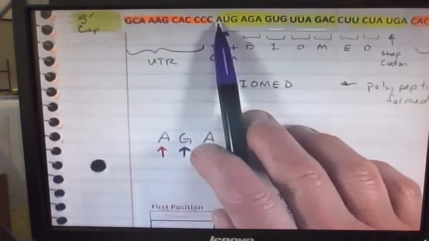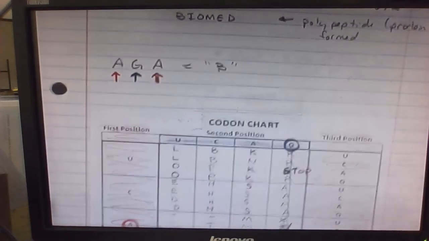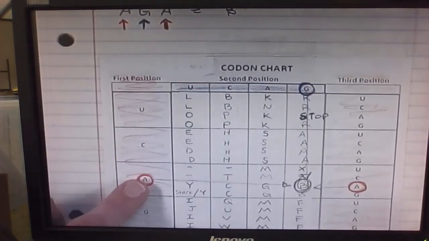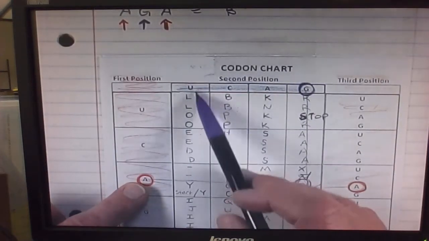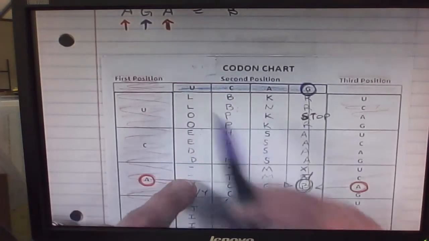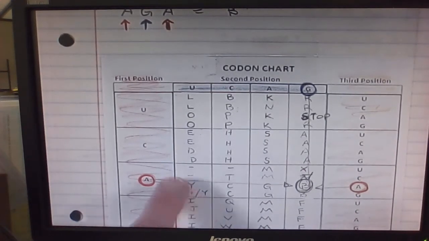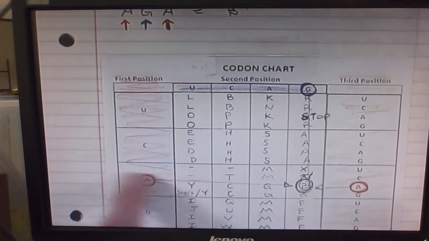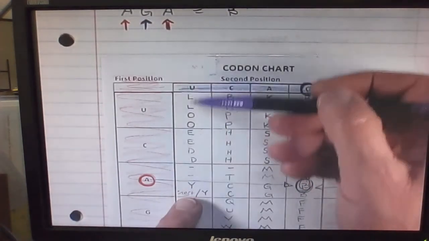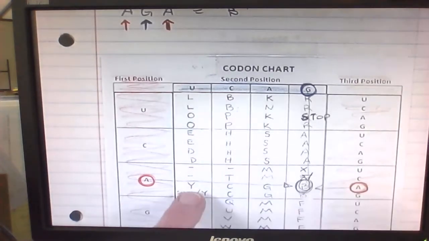So my first codon is AUG. I come down here to my codon chart. A, U, G. I look to see where they all match up, and I find that AUG codes for a start codon, or it codes for the letter Y. A is my first letter, U is my second letter, G is all the way on the bottom, that's my third letter.